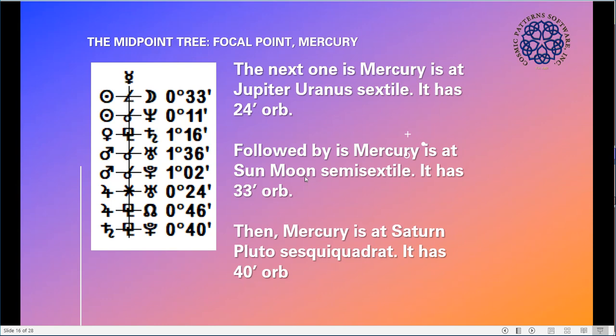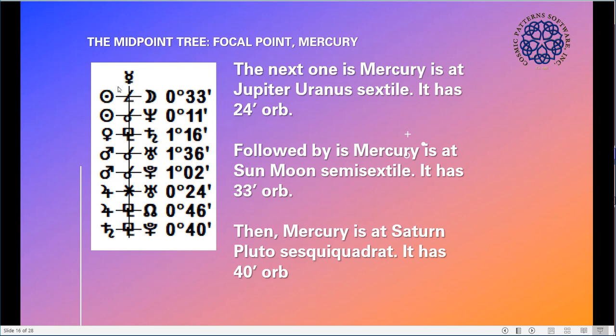Any orb that is less than 2 degrees is very, very strong. To make this simple, I'm just using the orbs that are less than 1 degree. But if you look at this, we have also Venus, Mars, less than 1 degree.